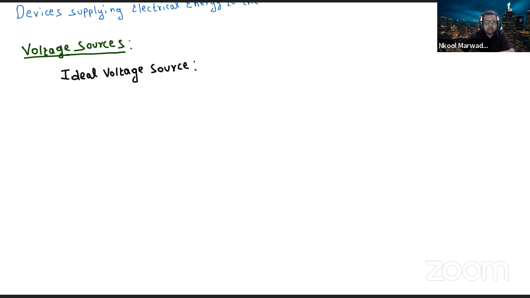The main characteristic of ideal voltage source, because it is very important, the meaning of ideal voltage source. When I will say any voltage source is ideal, what are the characteristics of an ideal voltage source? That is what we are discussing.